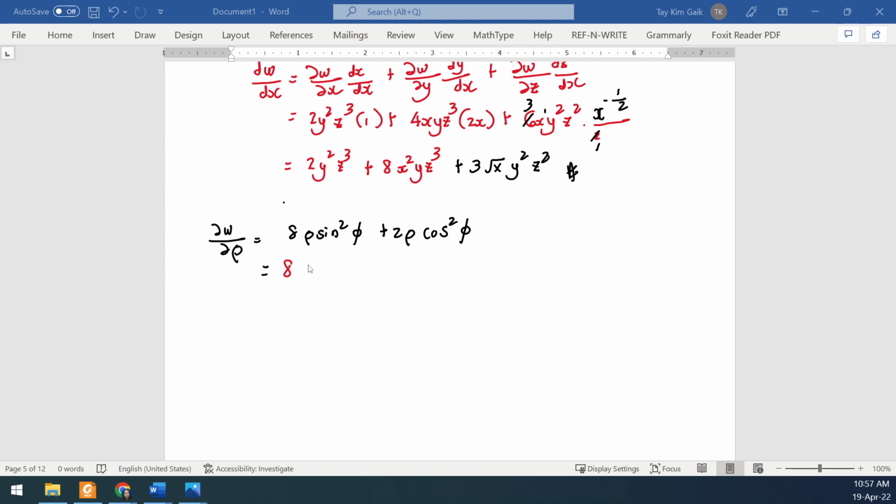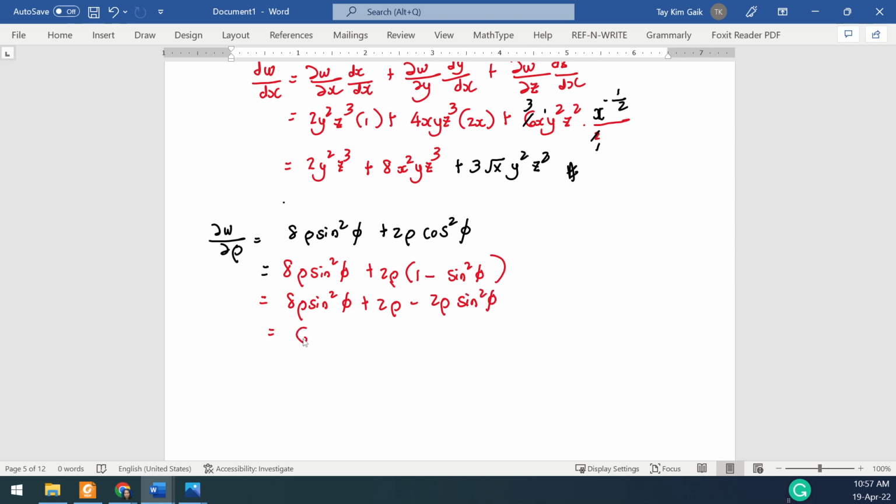Okay. So the 8 rho sin squared phi, then 2 rho cos squared phi can change to 1 minus sin squared phi. So you have 8 rho sin squared phi plus 2 rho minus 2 rho sin squared phi.